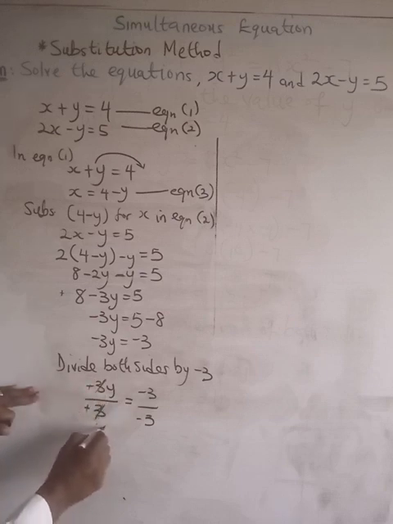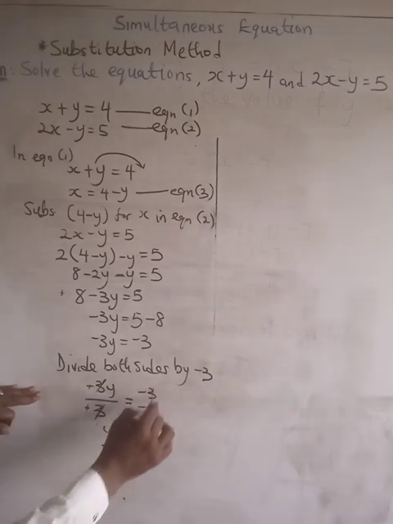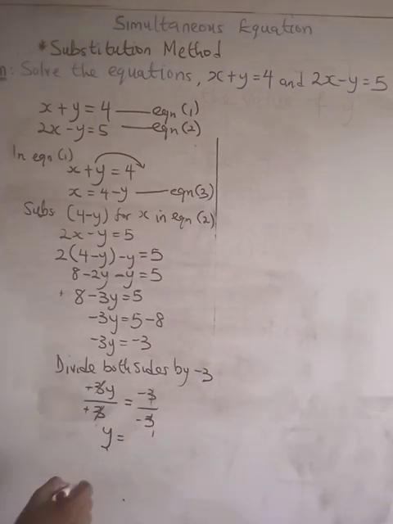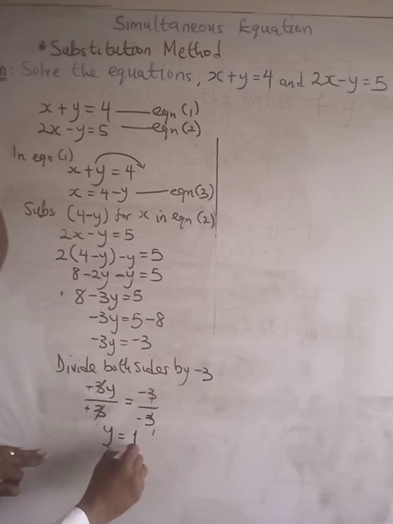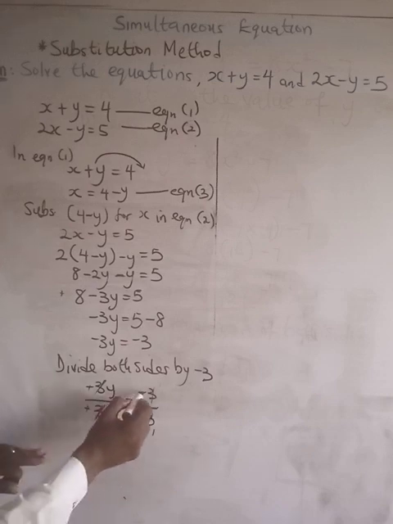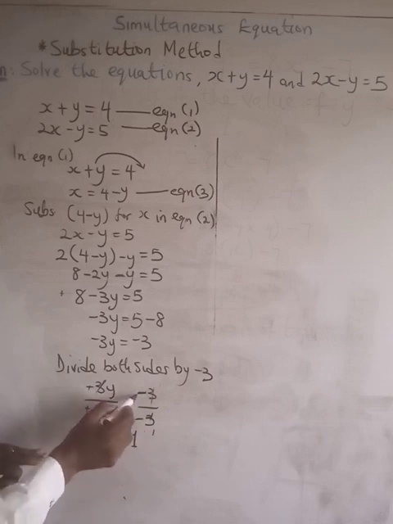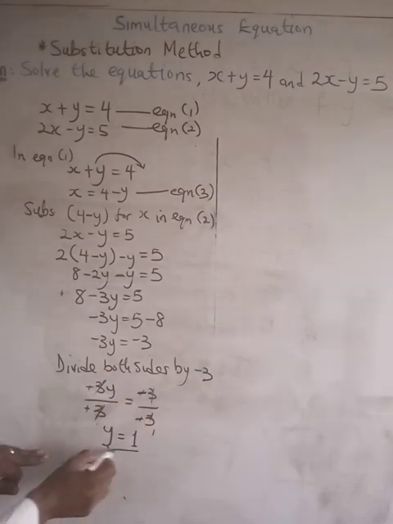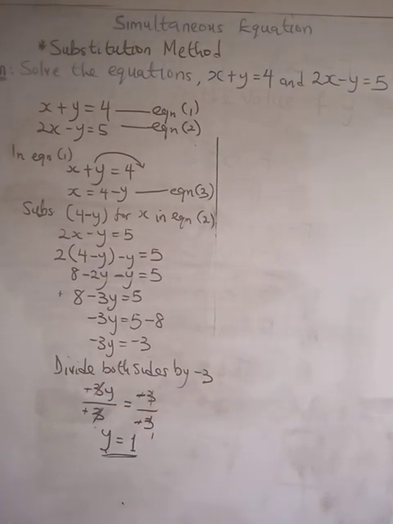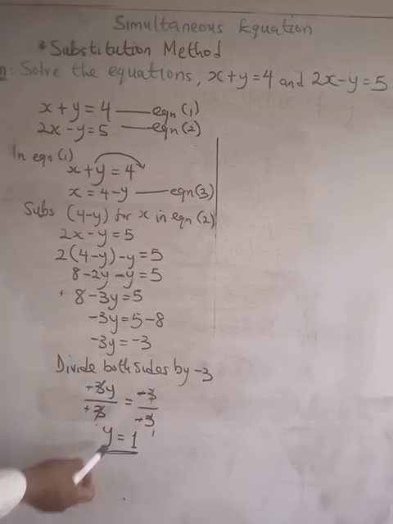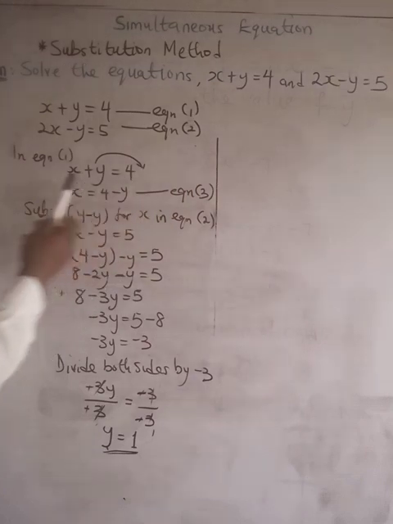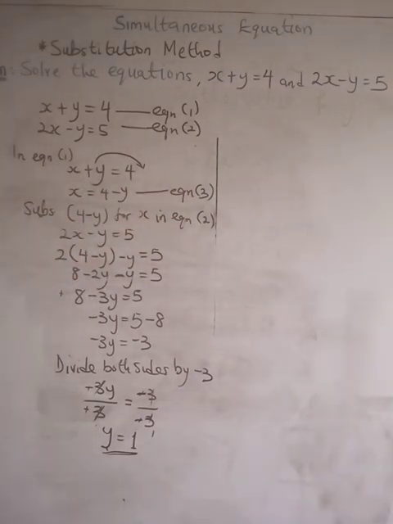So what we have here is y equals, 3 goes in itself 1, 3 in here 1. So y is equal to 1, because negative divided by negative will turn to a plus sign. So what we have is y equals 1.